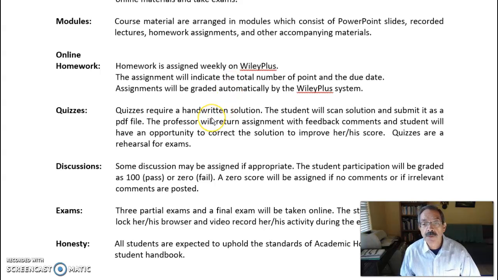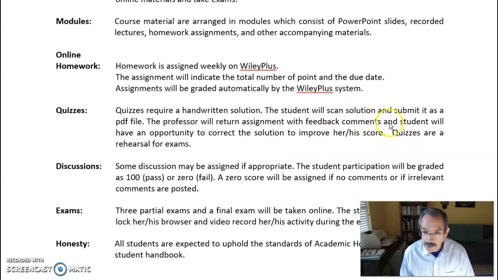In terms of quizzes, we will have those periodically, and this will require a handwritten solution. Once you solve the quiz, you will scan the piece of paper where you wrote the solution and submit it as a PDF file. I will review that and add comments, which should help you correct any errors in your solution, and you will be allowed to resubmit the solution to increase your score.